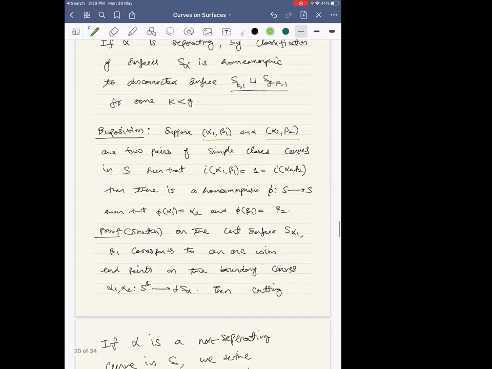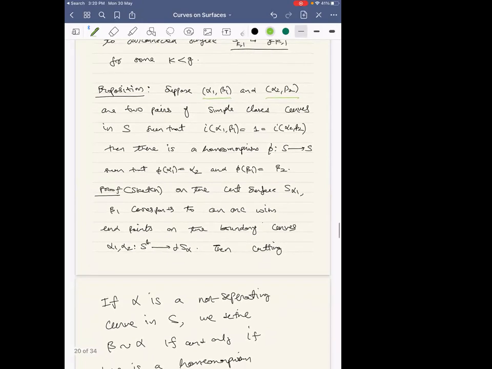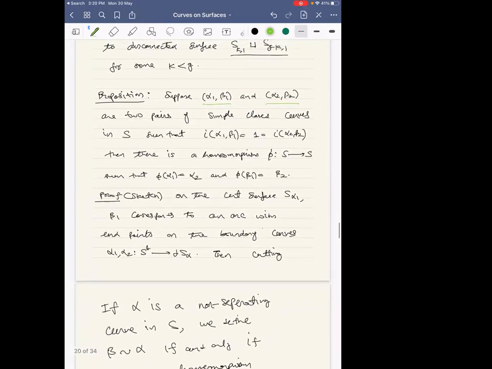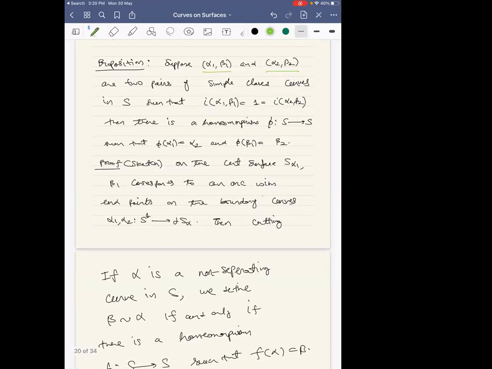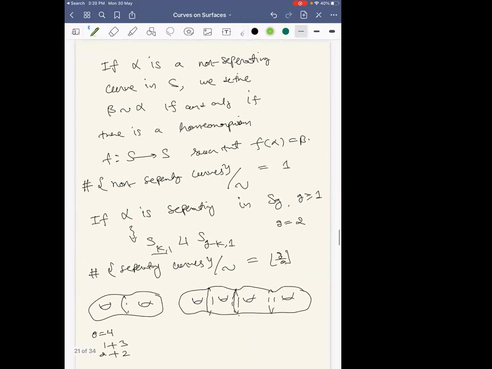Let's see how we argue this. First we look at the cut surface along alpha 1. What will beta 1 be? Beta 1 will correspond to an arc with endpoints on the boundary curves. Maybe I need a picture for this.